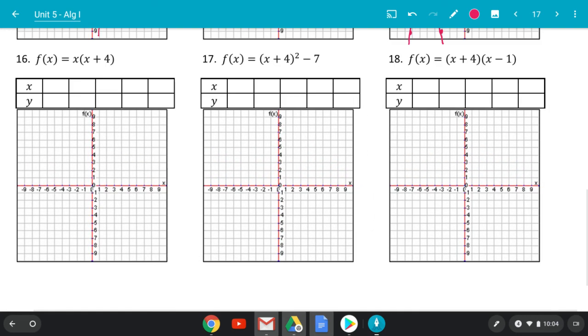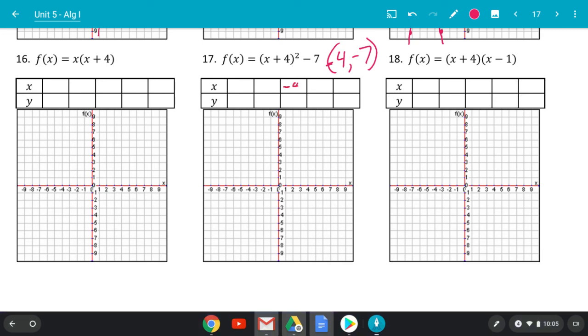Number 17. Also in vertex form. What's my vertex? He says 4, -7. Close, but no cigar. -4, -7. Remember, it's always opposite of what's on the inside there, okay? Always opposite.